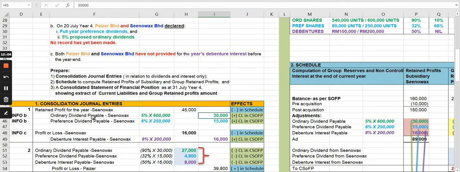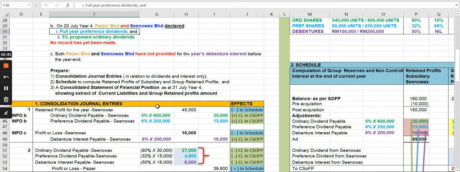That should be credited to the ordinary dividend payable under CSOFP. And remember, this 30,000 includes the payment that will be shared by the parent as well as by other non-controlling shareholders.